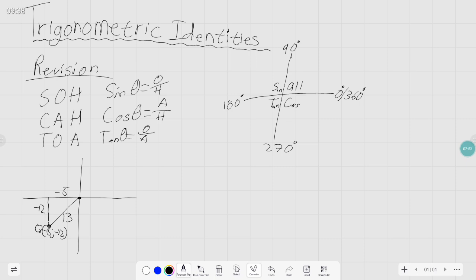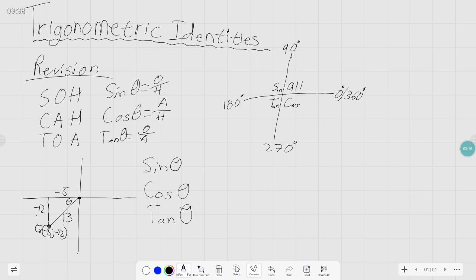So if I had to say, okay, but what is sine of this one? We call this angle theta. What is sine theta? What is cos theta? And what is tan of theta? So what will be sine of theta? Sine is opposite over hypotenuse.